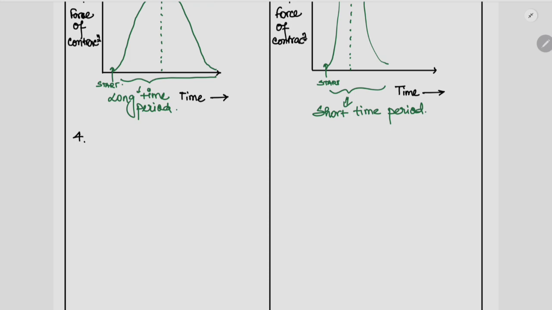Next is the rate of myosin ATPase activity. In type 1 it is slow, and in type 2 it is very fast due to fast twitch.